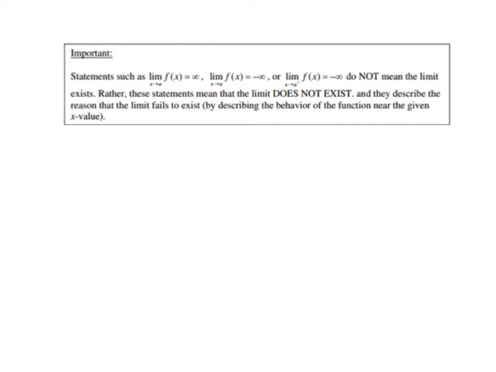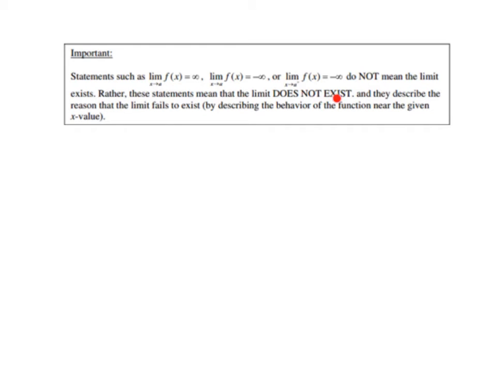So this is another important point. It's in a box. If this were in the chapter, I would say this is in the box. This is important information. Plus it says the word important, whatever. So it says these statements that have infinity in them, like the ones right here, where x approaches a is positive infinity, x approaches a is negative infinity, it does not mean that the limit exists.